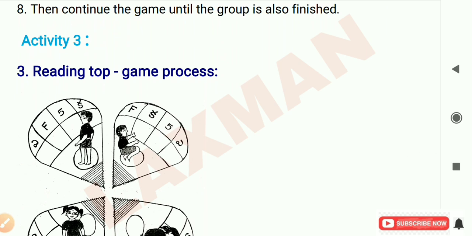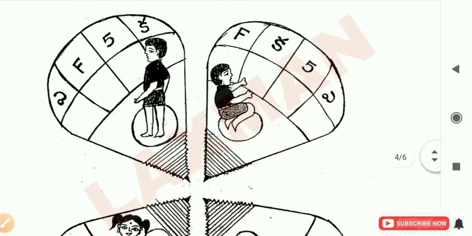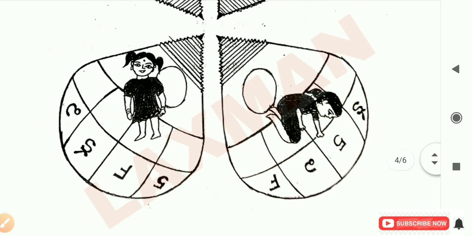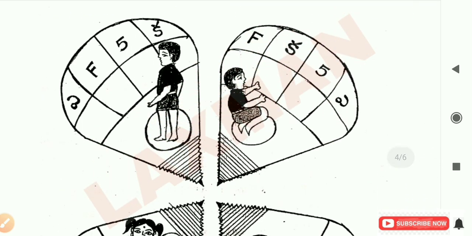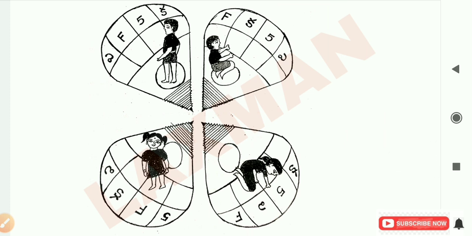Activity 3, reading top game process. This is the picture of this activity. Let's see, 4 tops are given, and we also wrote the Telugu alphabets, English alphabets, and mathematics digits here. By observing this picture, we can know the process of playing the game.